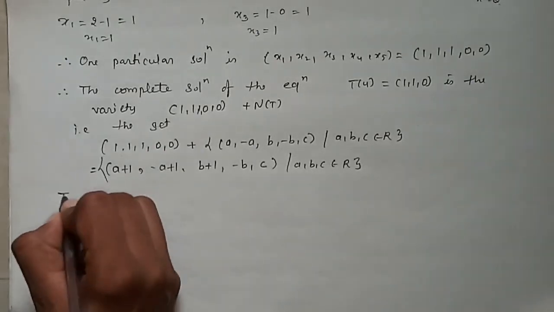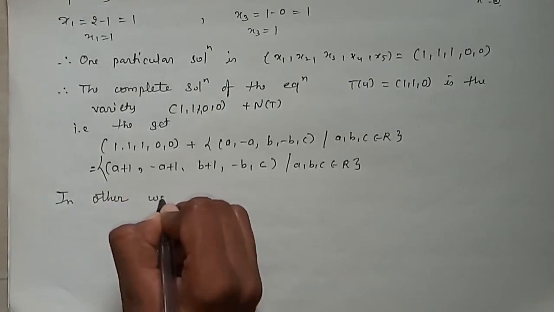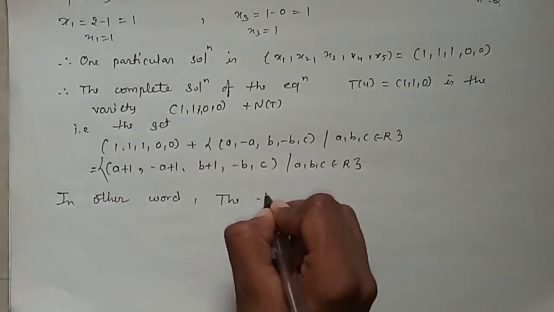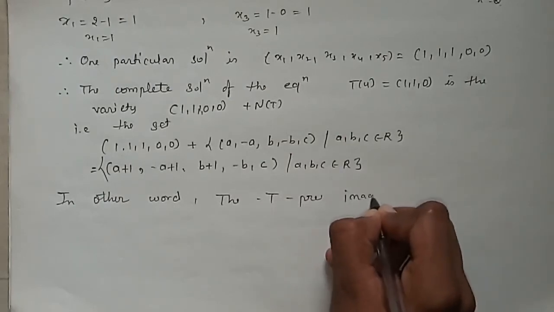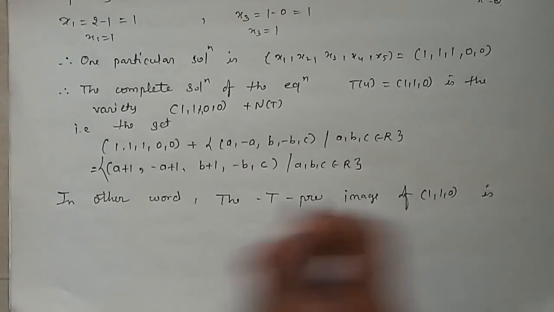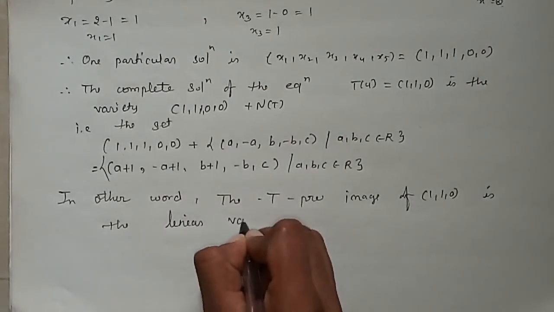So, in other words, the T pre-image of (1, 1, 0) is the linear variety.